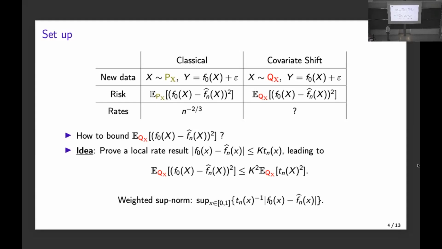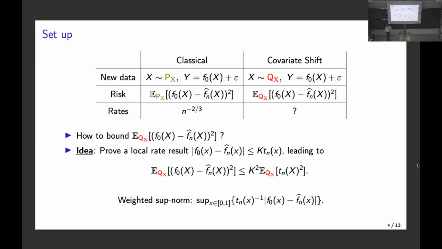Then I will talk about what kind of form it can take if we assume more restricting conditions. Then I will talk quickly about the proof, and I will apply this result to see what kind of consequence it can have in a transfer learning setting.